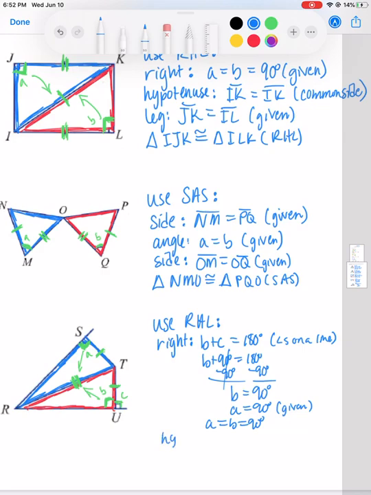Now let's go with the hypotenuse correspondence. Hypotenuse correspondence was RT is equal to RT. The leg correspondence was ST is equal to UT. Why is RT equal to RT? Well, that's a common side.